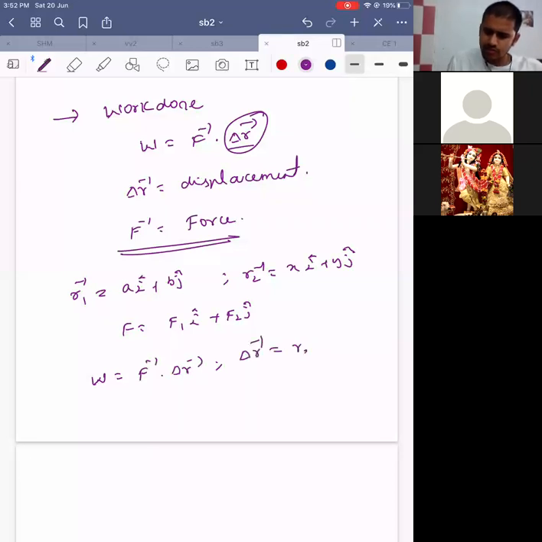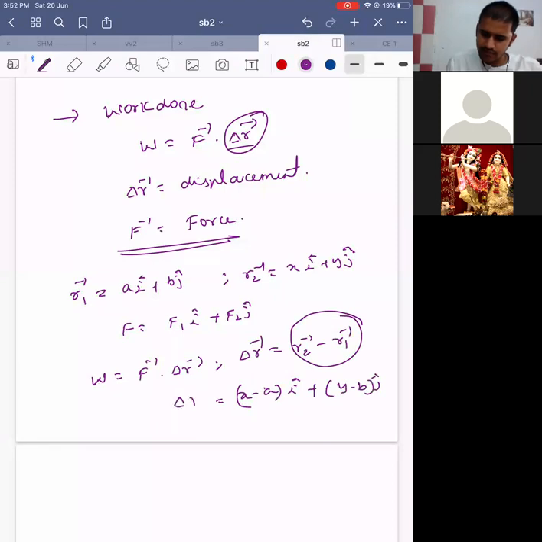Delta R bar is nothing but R2 bar minus R1 bar, which is X minus A I cap plus Y minus B J cap.